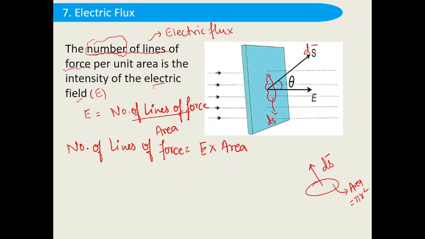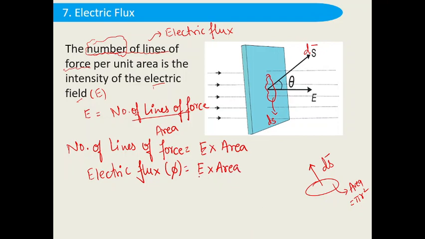What I told you, the number of lines of forces are nothing but electric flux. So this is electric flux, which is denoted by phi. So phi is equal to E multiplied by area. This is what electric flux means.